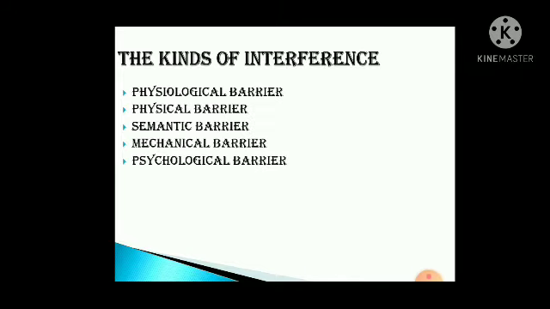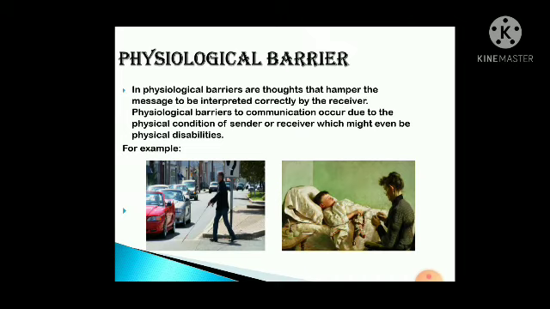The kinds of interference are physiological barrier, physical barrier, semantic barrier, mechanical barrier, and psychological barrier. Physiological barriers are those that hamper the message from being interpreted correctly by the receiver.